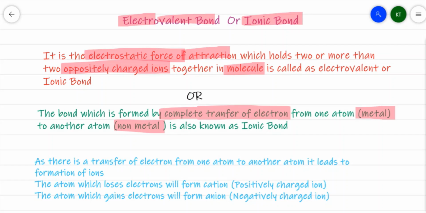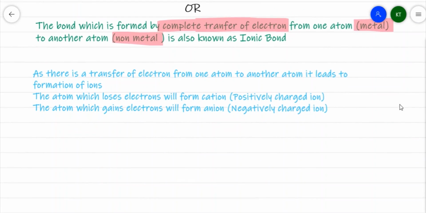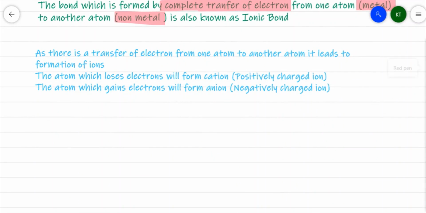Now, as we see here, the bond involves the transfer of electron from one atom to another atom. So the atom which loses electron will form a cation, and the atom which gains electron will form an anion.